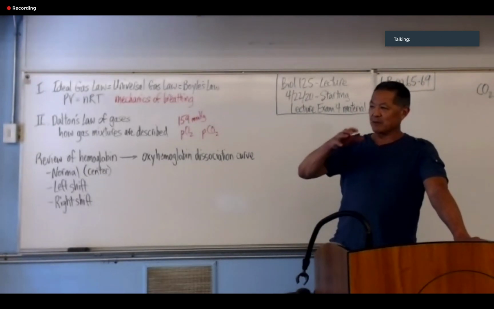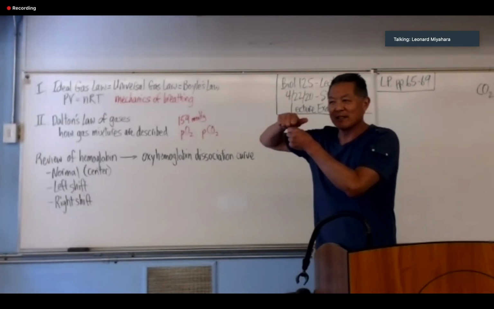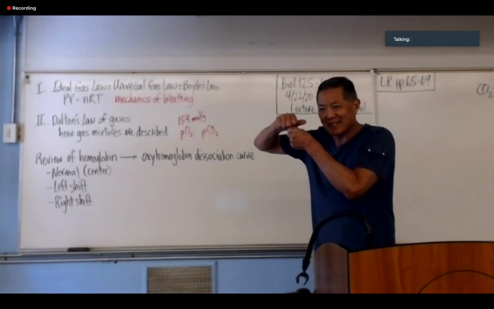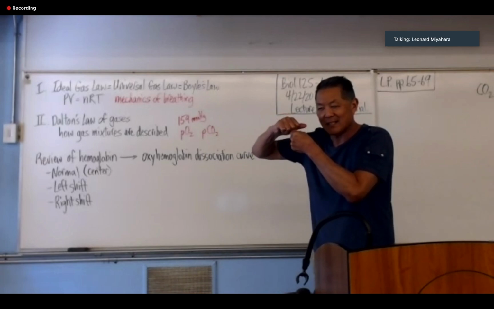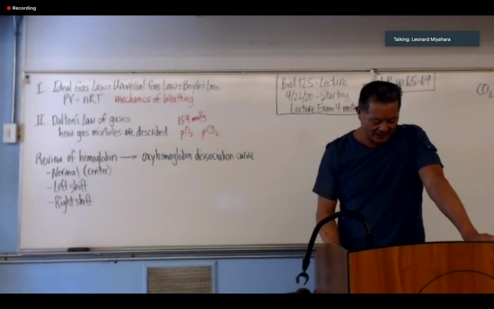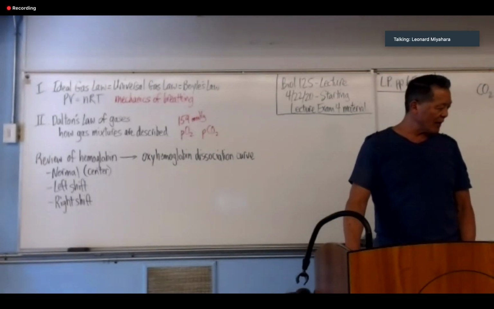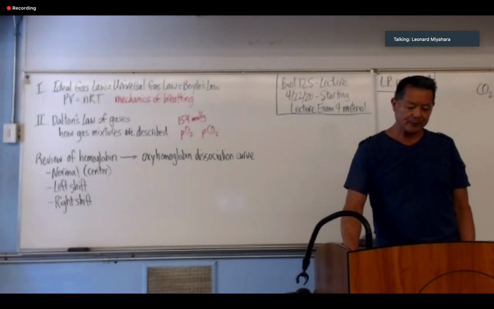So deep sea divers have to come up gradually, and then you can, it's just like with the Diet Pepsi, you have to, and then you have a mess. Okay? So that's decompression sickness or the bends. You got bubbles. All right, now let's talk about oxygen transport in blood.